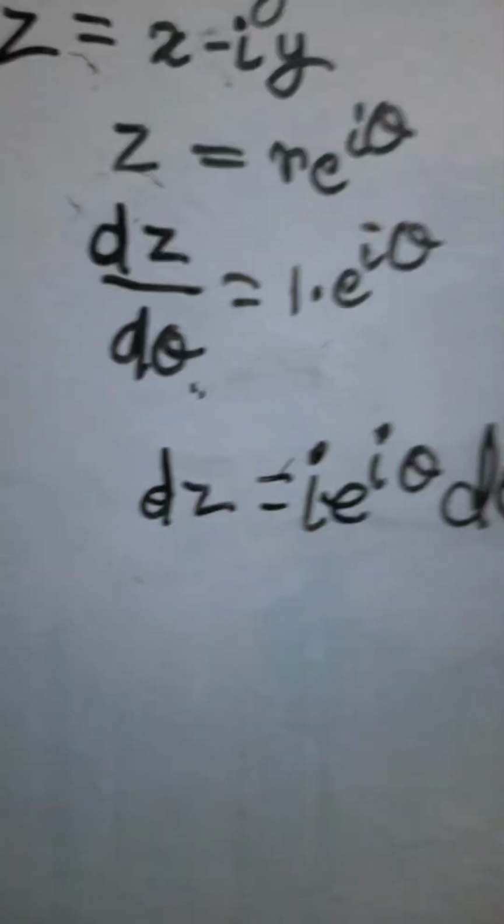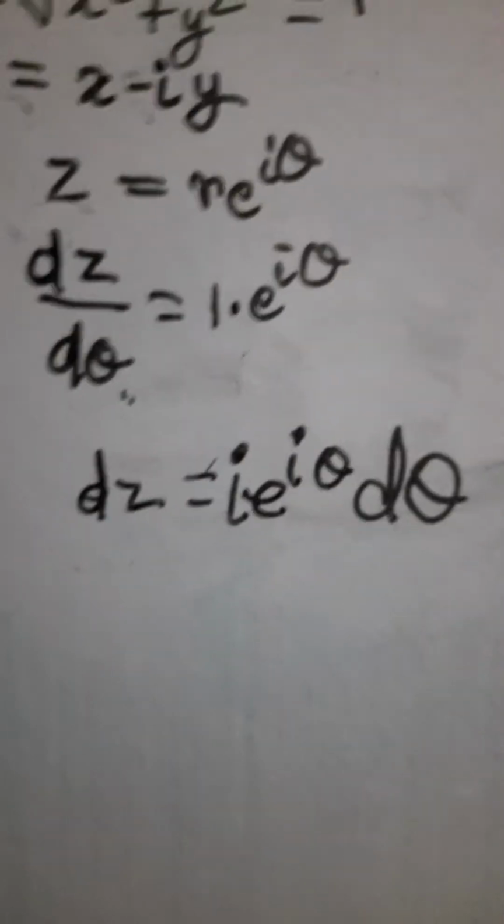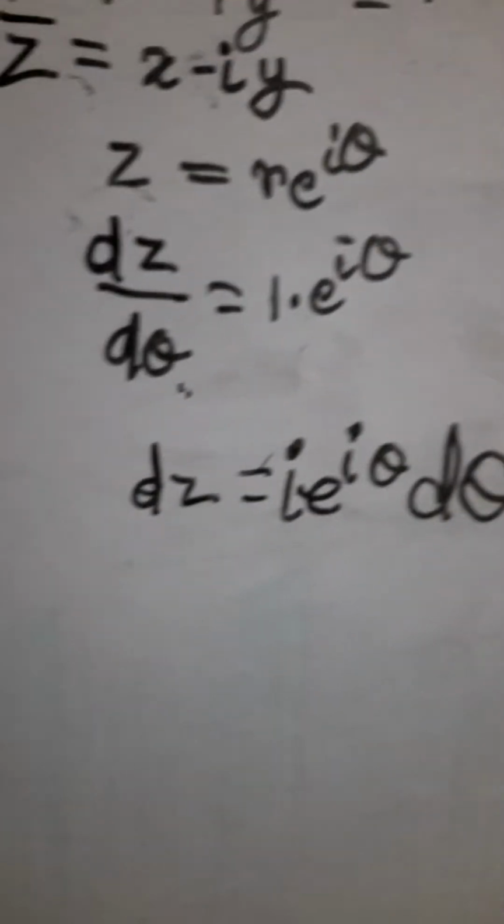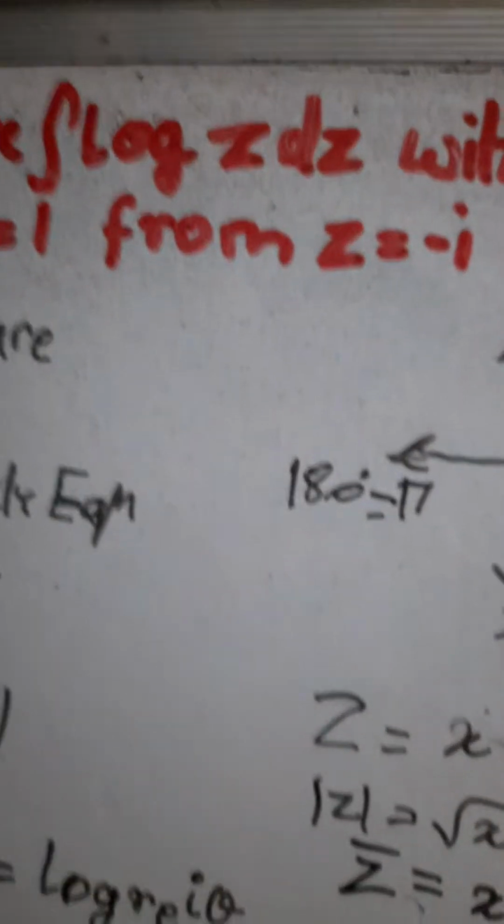Here it is dividing, I sent it to multiply here because when we transpose we make it the opposite sign, opposite operation. So here there is log z, here there is dz. Now we found most of it, integration of log z dz we had to take, we have it now.